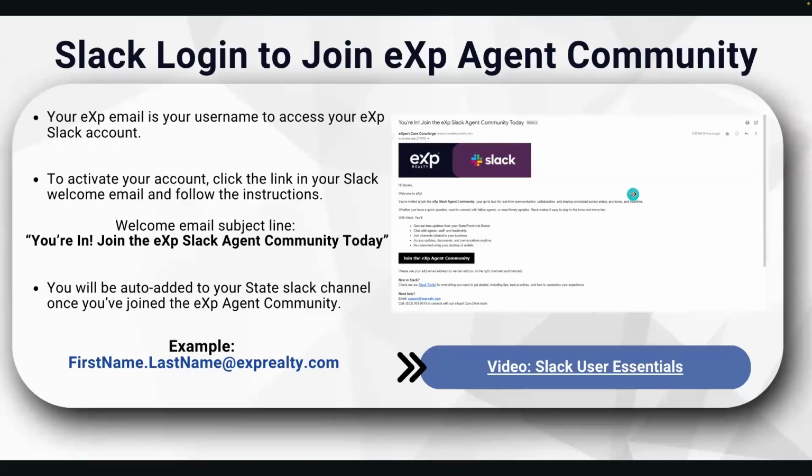No worries at all. For the EXP agent community, you should have received an email with the subject "Welcome to the Slack EXP agent community," or another subject line called "You're in, join the EXP Slack agent community today," which is the screenshot you see here on the right side.